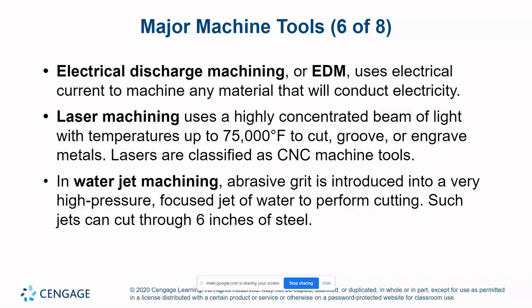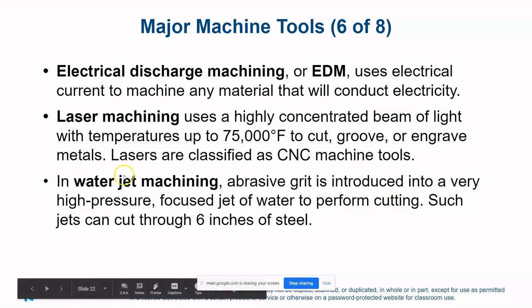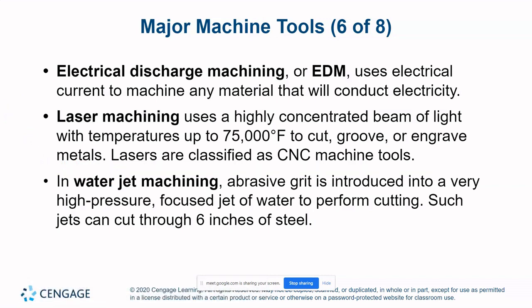We also have water jet machining, where abrasive grit is introduced into a very high pressure, focused jet of water to perform cutting. Such jets can cut through 6 inches of steel. So yeah, this is really cool. The water jet machining, I've seen this before many times. It's basically high pressure water with a little bit of grit or like sand in there that will just cut literally through anything.